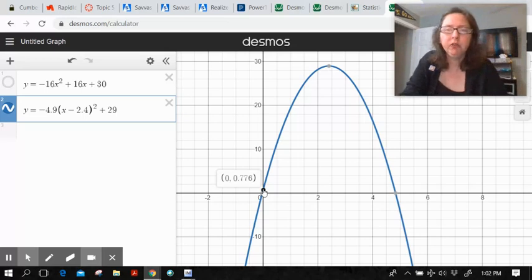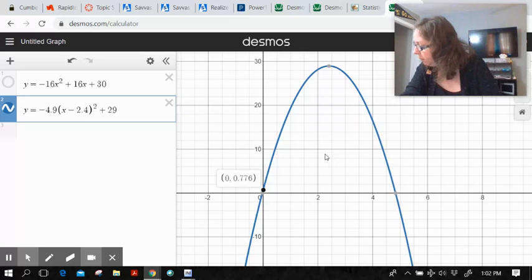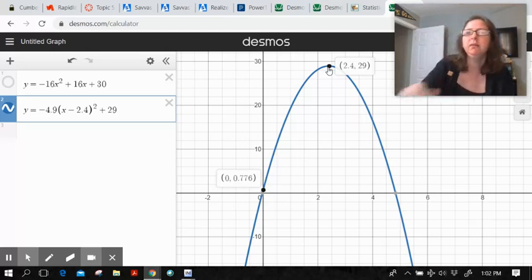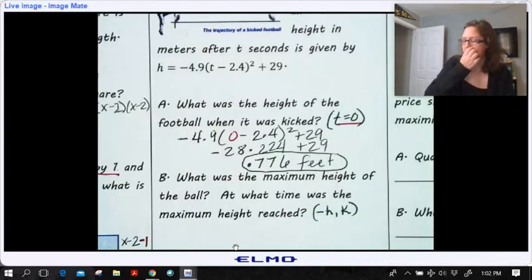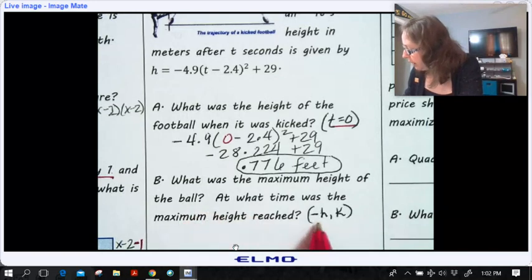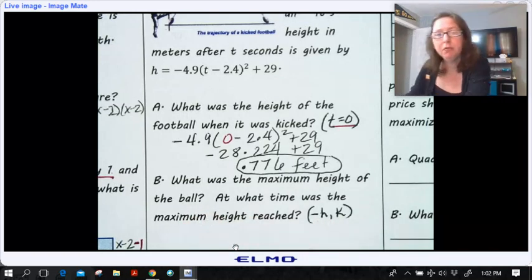All right, the next question that they're going to ask me is what is the maximum height of the ball and at what time was the maximum height reached? So you can also do this here. Right here is the maximum height of the ball, 29, and that was reached at 2.4 seconds. Let's go back and see how we're going to find that here. Okay, so remember h comma k, that's my vertex.